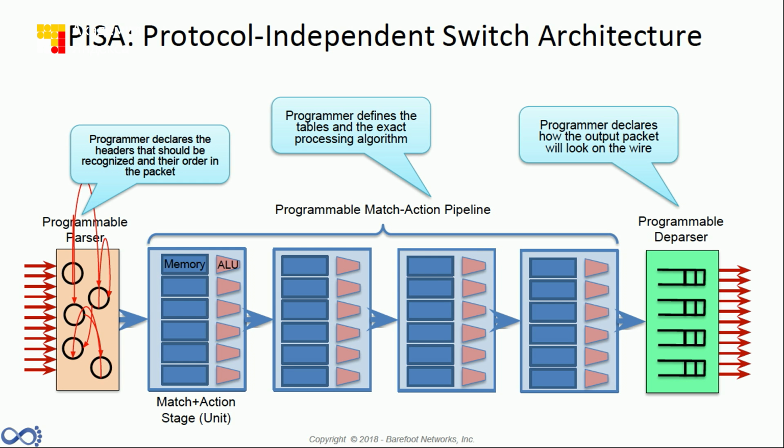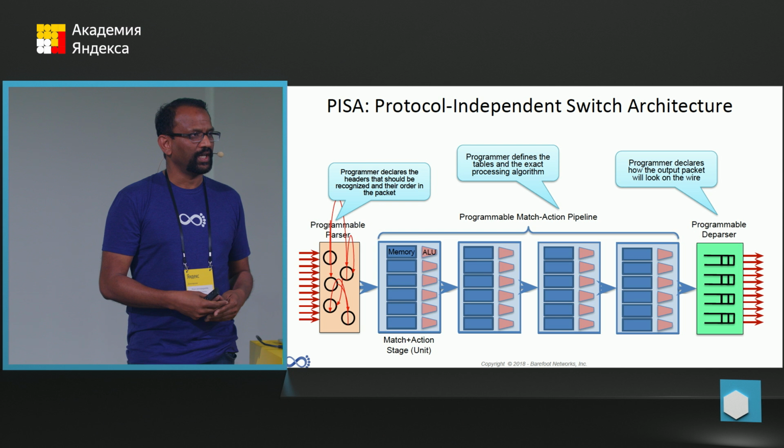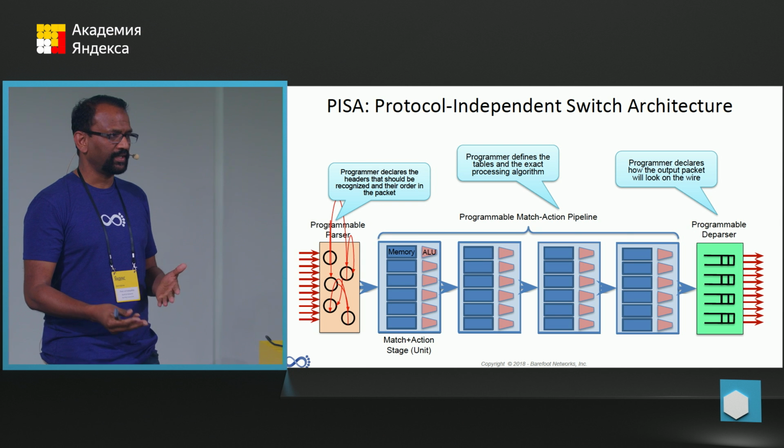So the pipeline architecture is based on something called protocol independent switch architecture. It essentially has a parser in the front, followed by match action units, and then what we call a deparser in the end. So a packet comes in. It gets parsed according to what P4 program you have written. If you said parse Ethernet header, it'll parse it.